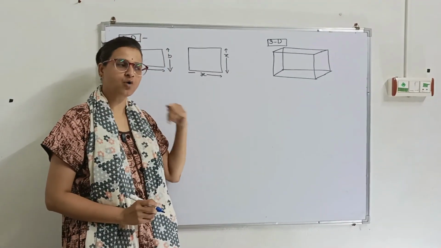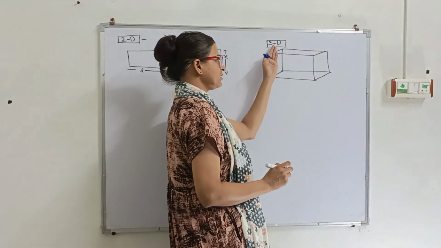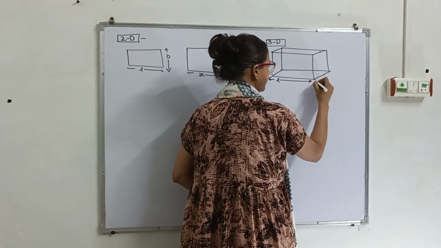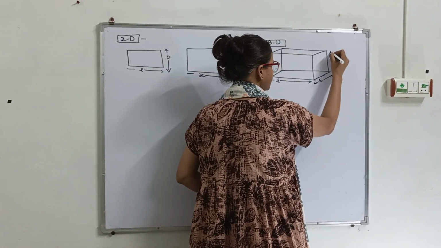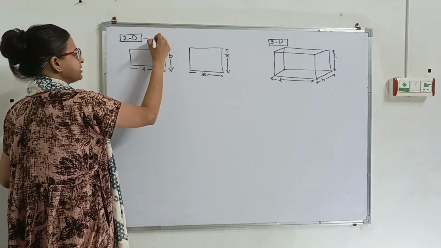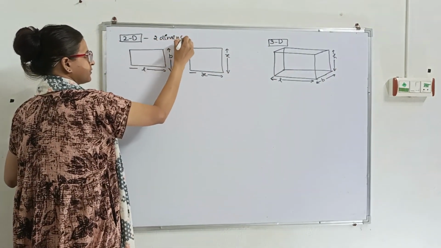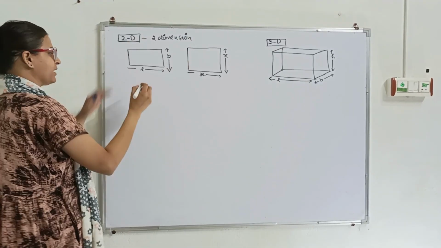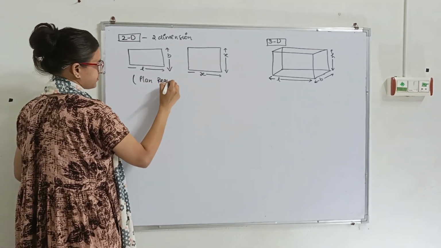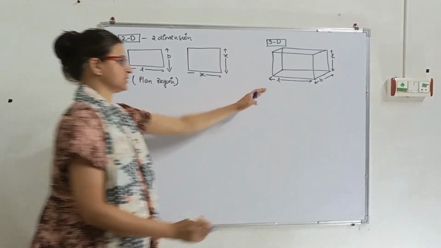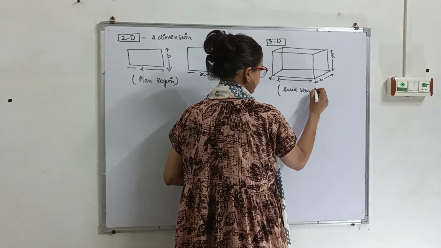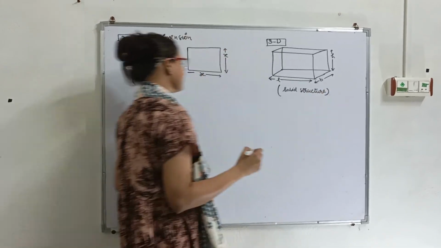In 3D structures, how can we say this is 3D? It means three dimensions: one is the length, one is the breadth, and one is the height. This is a two dimension, and this is the plane region.